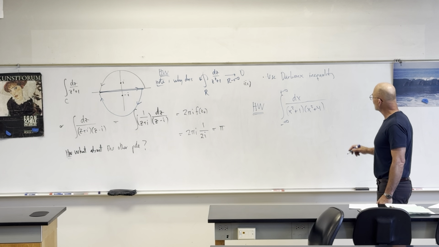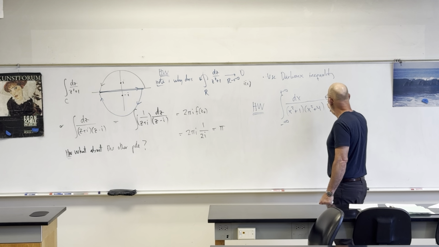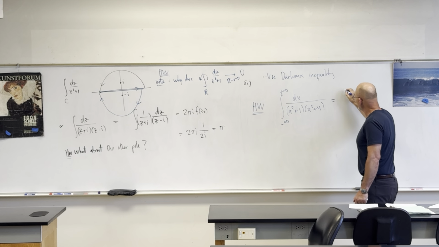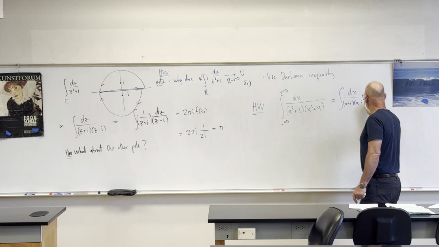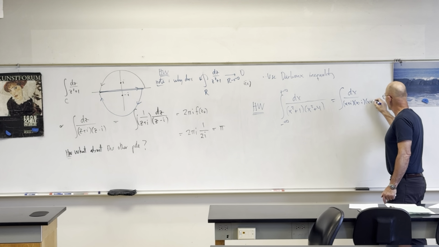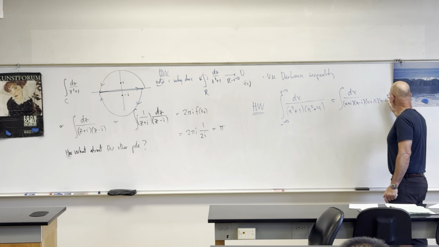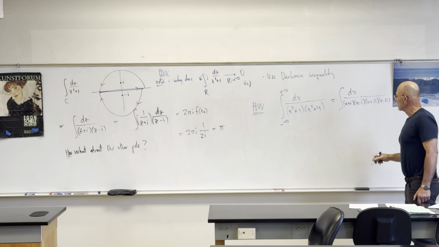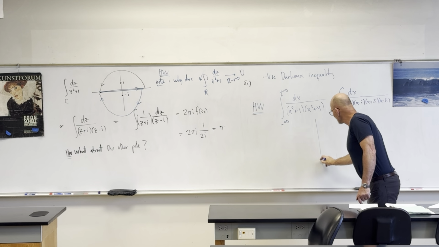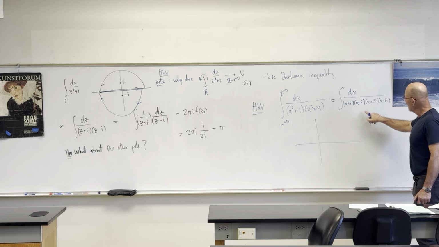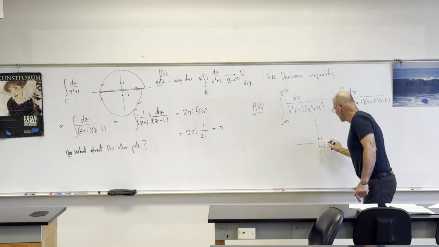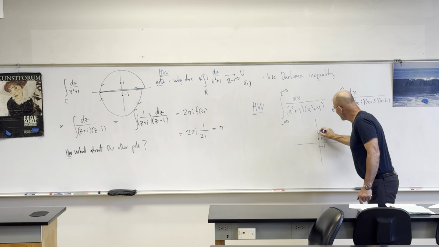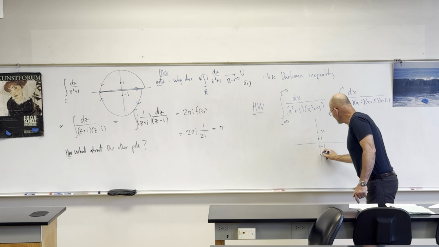So this time we have to locate the poles. That's the whole necessity here. So for dx, we have x plus i, x minus i, x plus 2i, x minus 2i. The first thing we do is look in the complex plane, and we have i and negative i, and 2i and negative 2i.